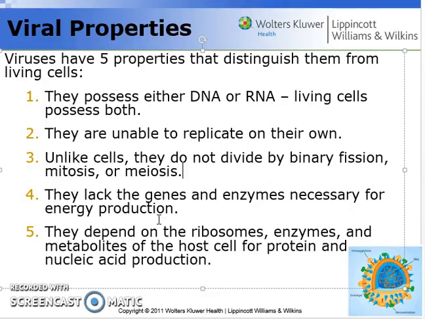Viruses will carry enzymes with them, but they're not going to be used for energy production. They're going to be used for DNA replication or messenger RNA construction. And then finally, viruses depend on ribosomes, enzymes, and the metabolites of the host cell in order to survive.